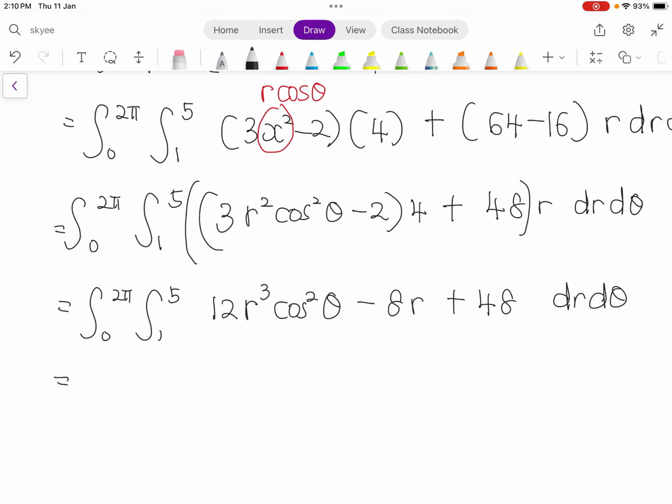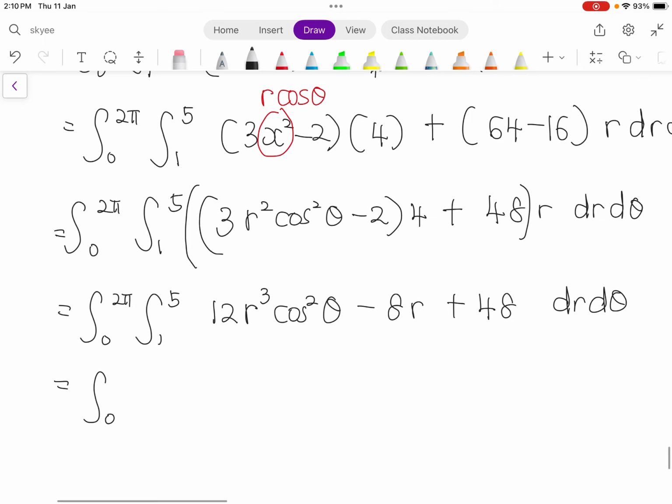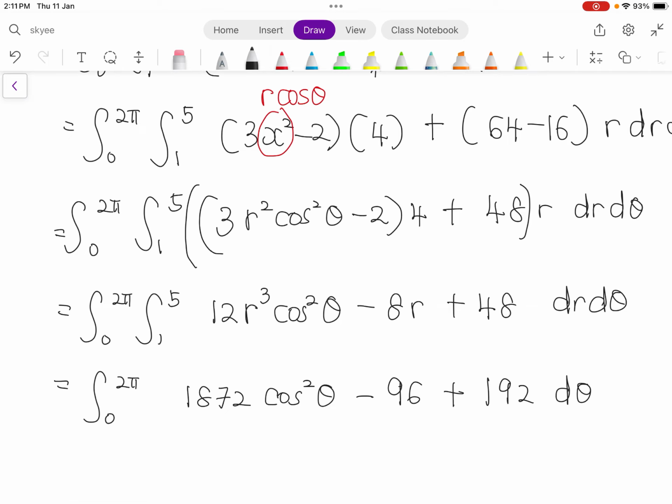Integrate 12 r cubed from 1 to 5. So here you will have 1872 cos squared theta minus 96 and plus 48 multiplied by 4, so 192, d theta.